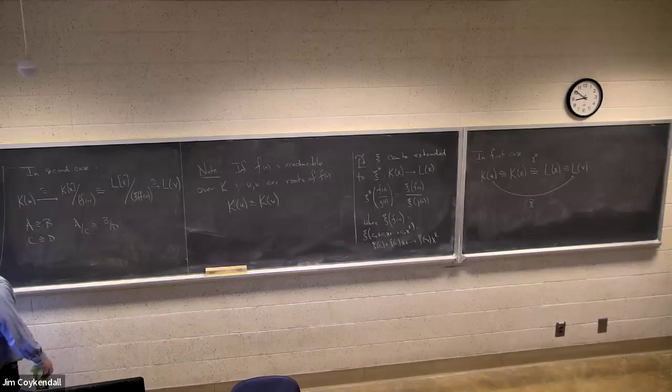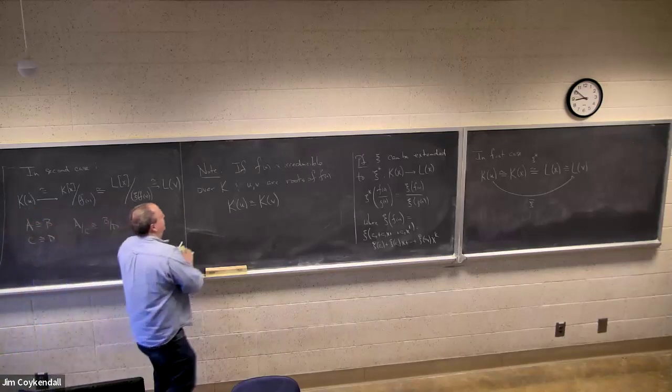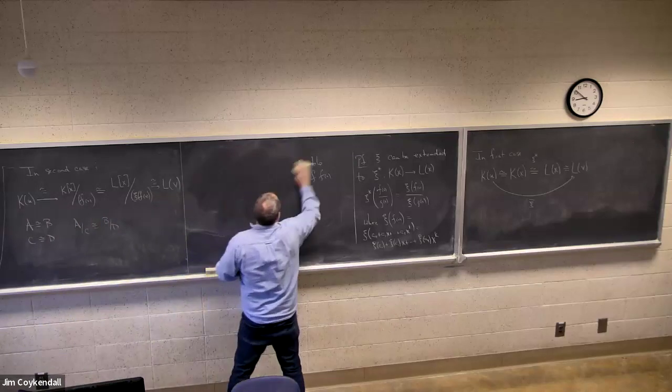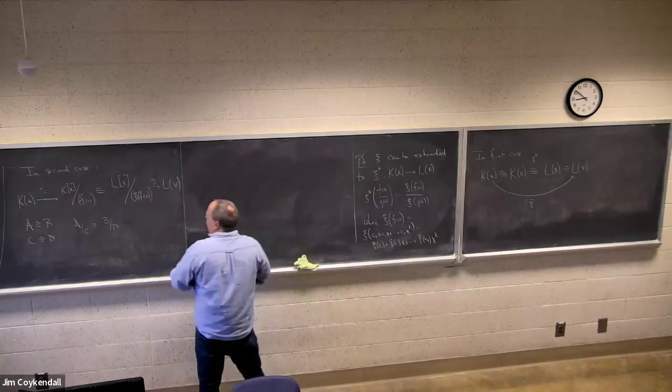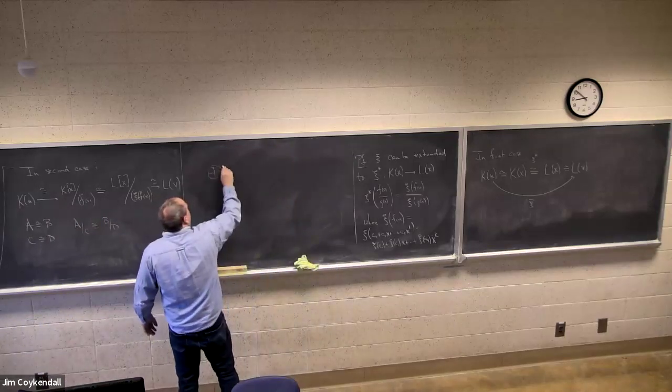For example, all you need is an infinite number of copies of Z, and another infinite number of copies of Z. You can take A and B equal to Z-infinity, and C equal to 2C, I don't know, and D equal to 3C.